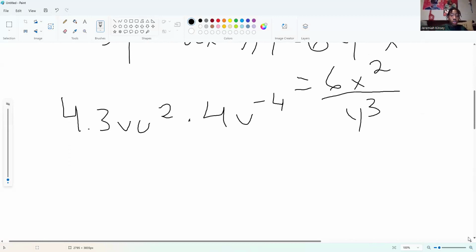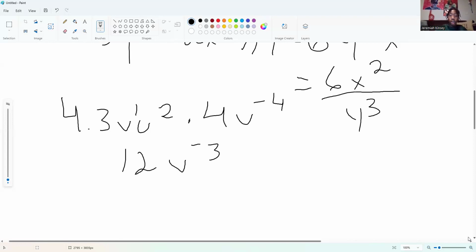We combine our whole numbers first, 3 and 4. 3 times 4, because the middle sign is multiplication, 12. Then v and v: v to the 1 plus, because it's multiplication, negative 4. So 1 plus negative 4, v to the negative 3.